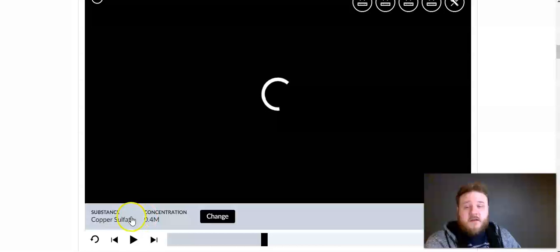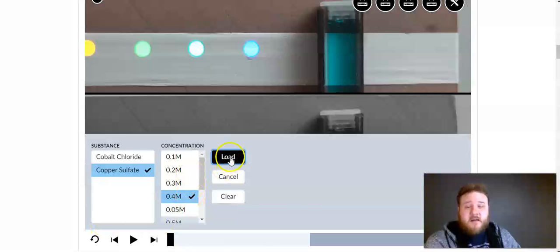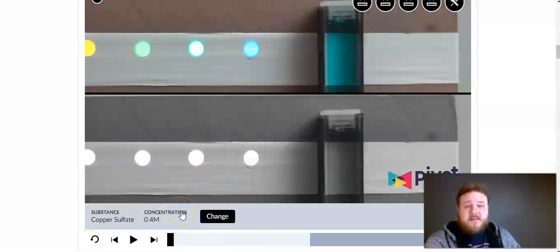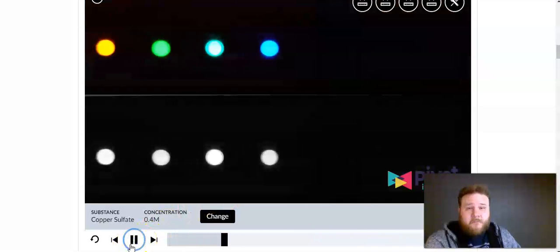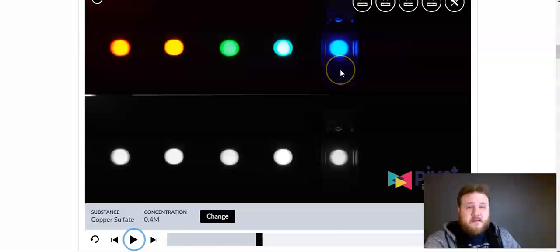When we change the substance and the concentration, we can click load, and that will give us the correct video. When we click play, the LED light is shining through the cuvette. The lights are off, so all we see is the light that's revealed. We see the colored lights at the top, and the grayscale at the bottom.